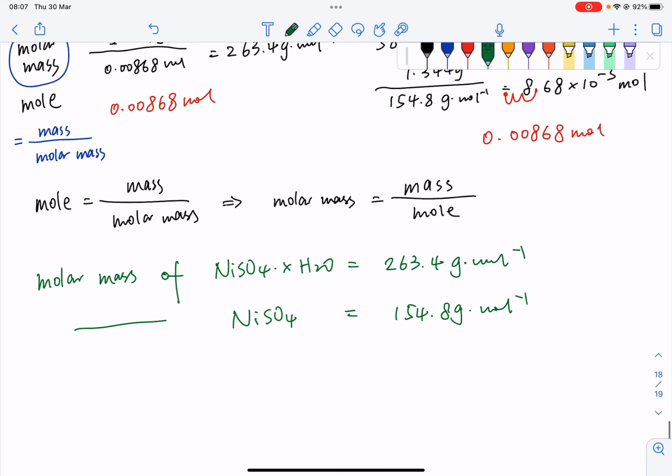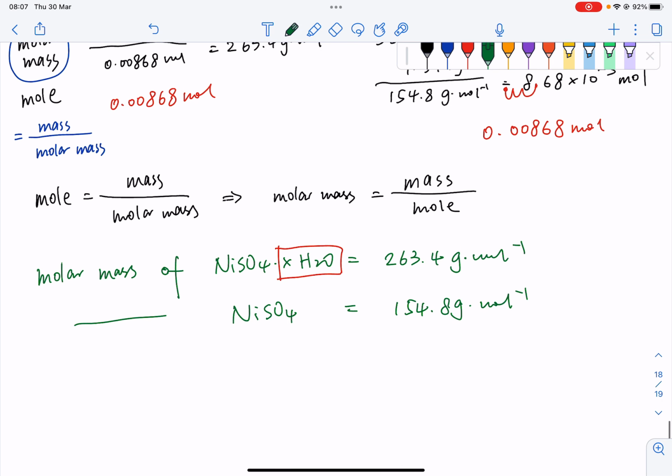Can we calculate the mass of the water here? What's the difference between the above chemical formula and the lower chemical formula? It should be the number of xH2O, right?